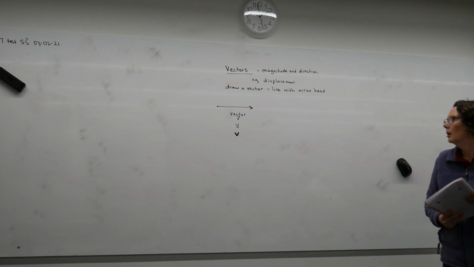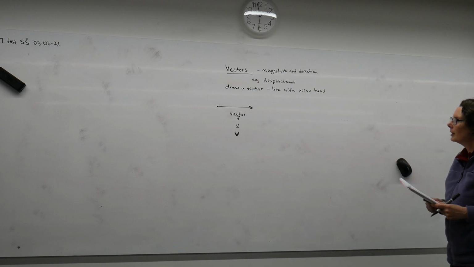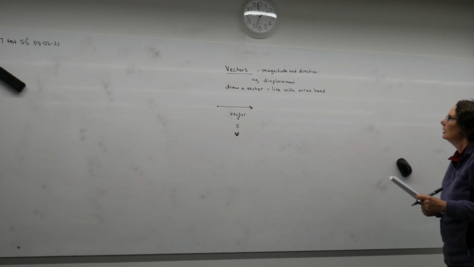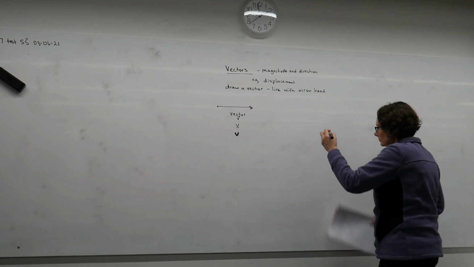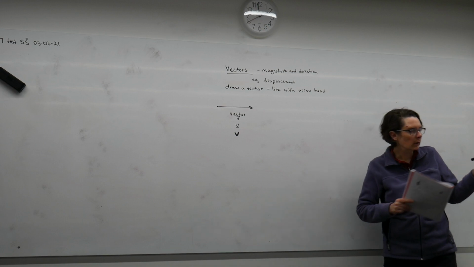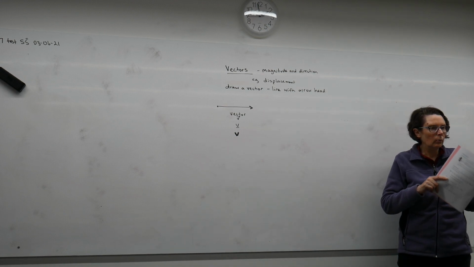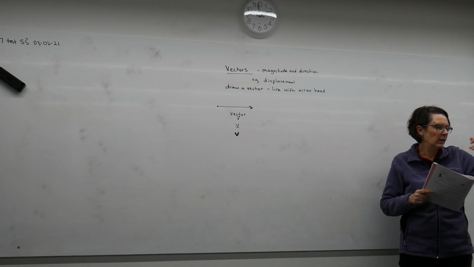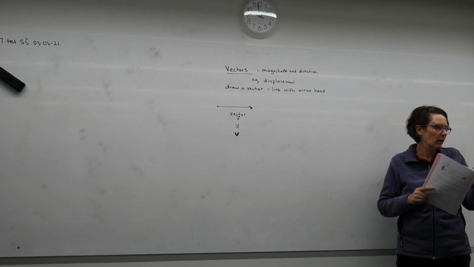Now, vectors are, as I said, very useful, and we can do a few things with them. One of them being add them together. So that if we've got a few different stages of motion, for example, we can add those separate stages of motion together to find out what happened overall.